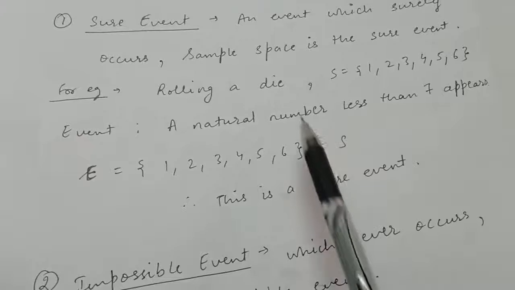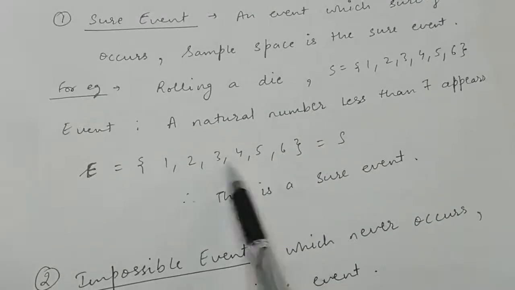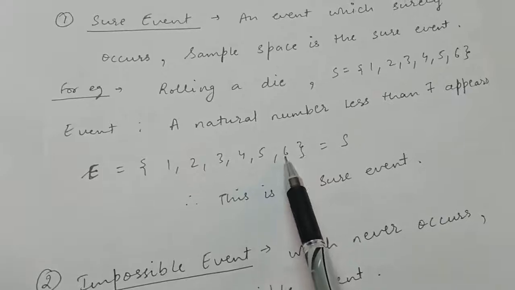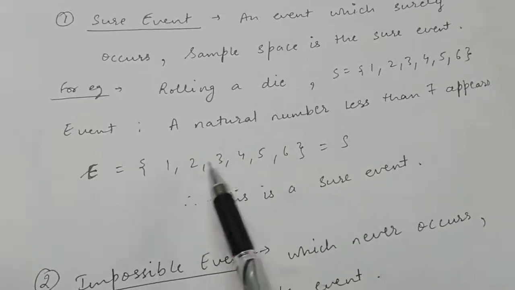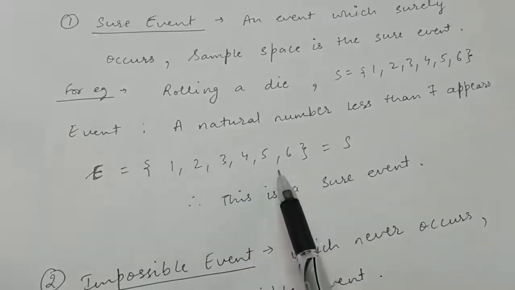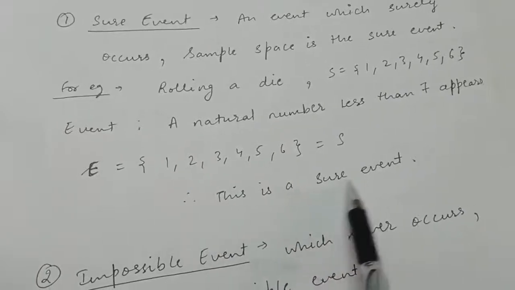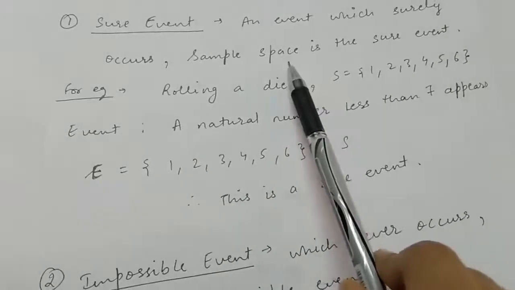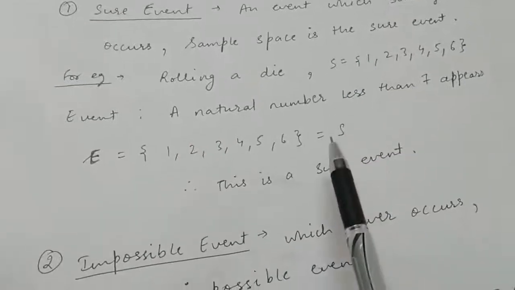Why? Because when you roll a die, you will definitely get one of these numbers, right? That is, this event will surely occur. Any one number out of these numbers will surely come, right? Therefore it is a sure event, and therefore we say that the sample space is a sure event, because it always occurs.